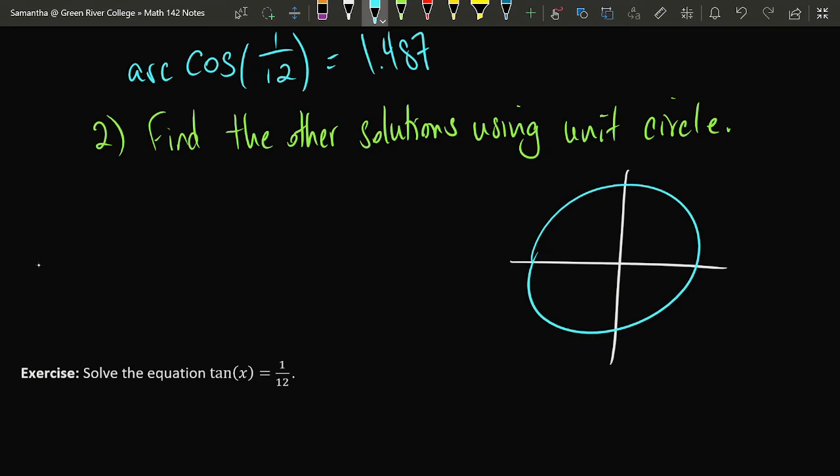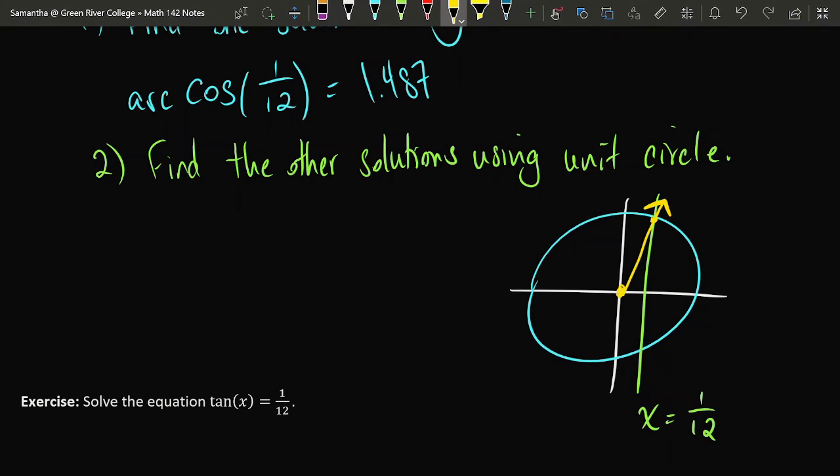In this case, our desire is to make the x-coordinate equal to 1/12. So to make a mental note of that, I'm going to draw a vertical line in this picture labeled with x equals 1/12.